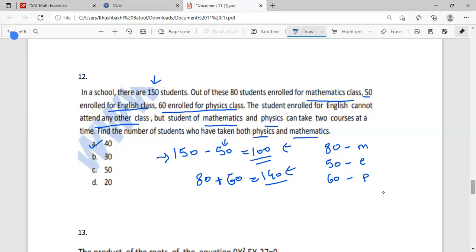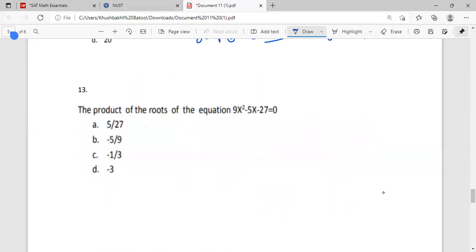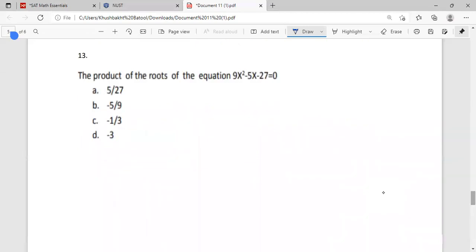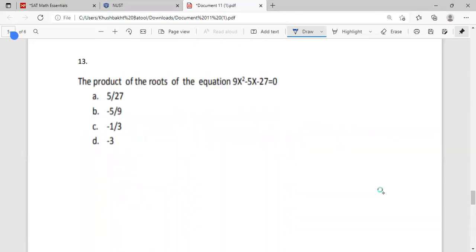Now let's talk about the third question. The product of the roots of the equation. We need to find the roots and multiply them. So for finding roots, we will use the formula.